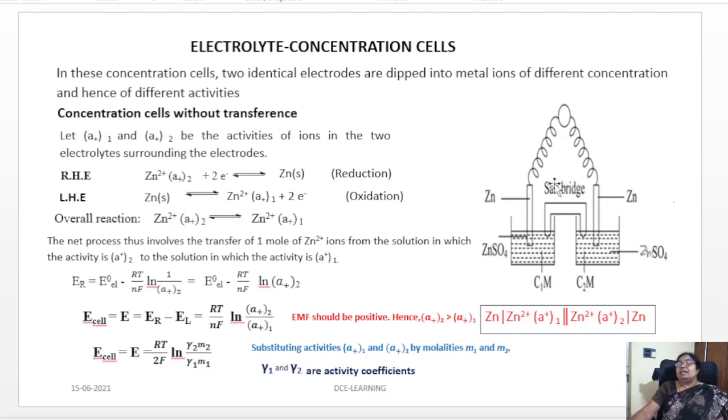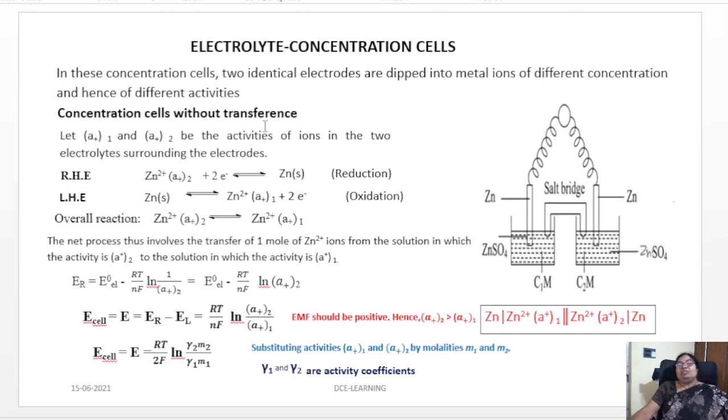Hence there will be a difference in the concentration of its electrolyte solution, which is separated by the salt bridge. Therefore, the activities of these ions will be different. The salt bridge is represented by a double line put in between the two cells.